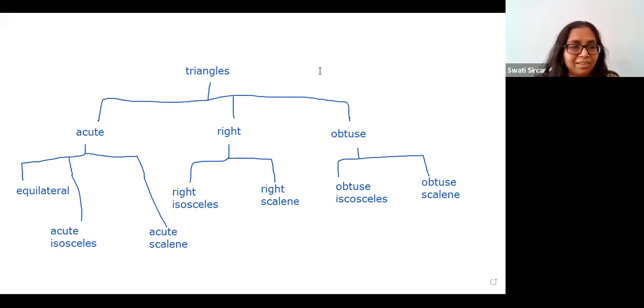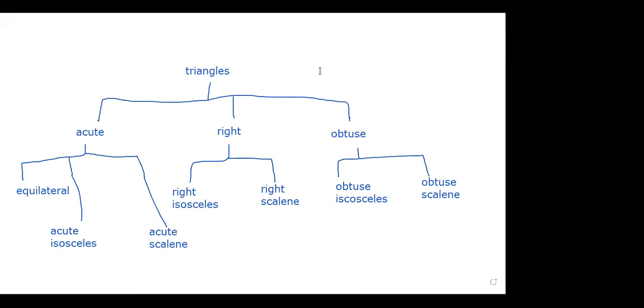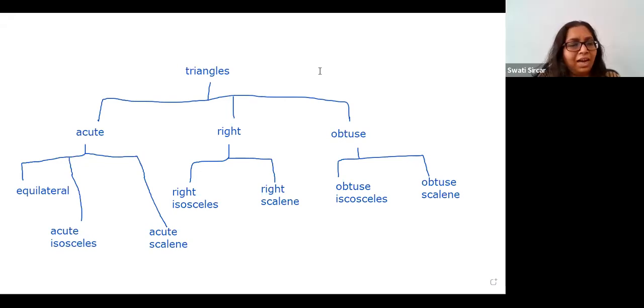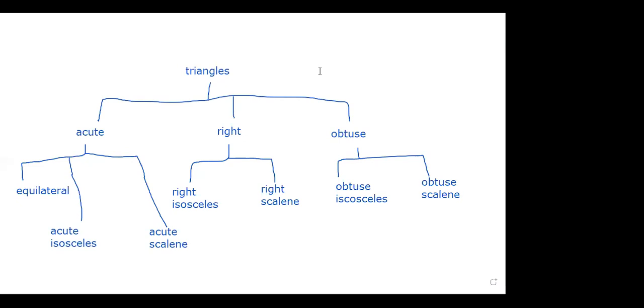Equilateral. Okay, now all equilaterals are kind of similar, right? So how can they be different? Isosceles.